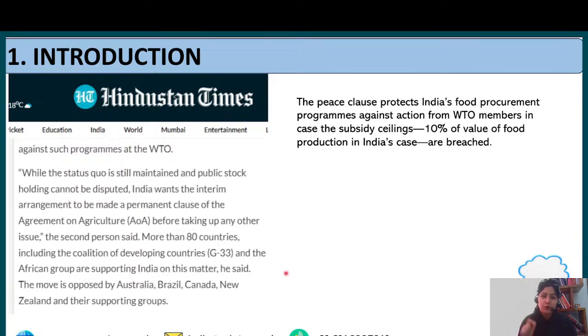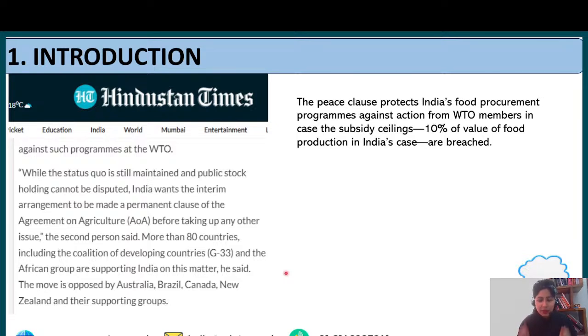We also provide for a public distribution system. That means subsidized food grains are available to poor people or members of BPL families, and these rates are very much subsidized. They are available at a low rate. Now the Western countries have a problem, that because their own food grains are not able to compete in the Indian market and at the international market because of the heavy subsidies India is providing.